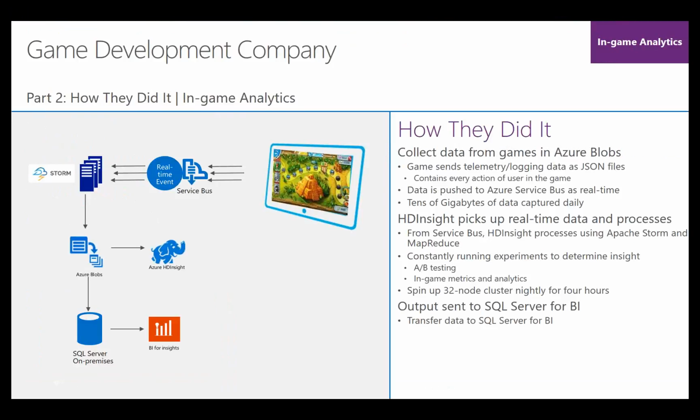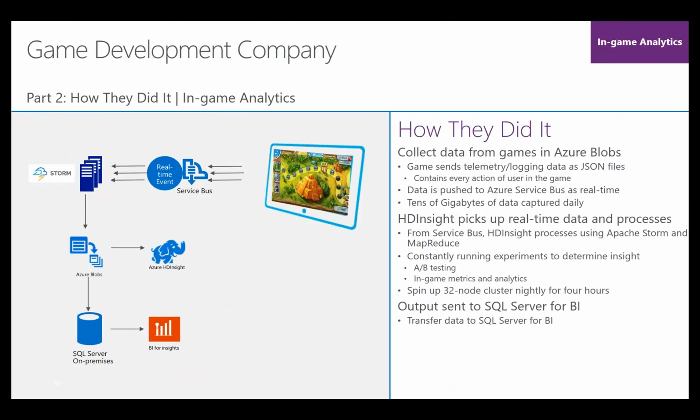And this is just another view of the same thing here. It was every day, tens of gigabytes. So very quickly added up to terabytes of data. And they saved and moved that data about in various ways. And in their case, they used a 32-node cluster only 4 hours a day. So that's enabled in the cloud.